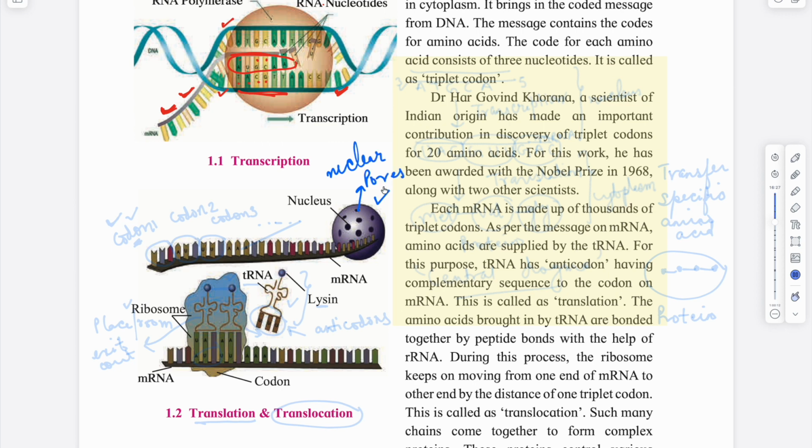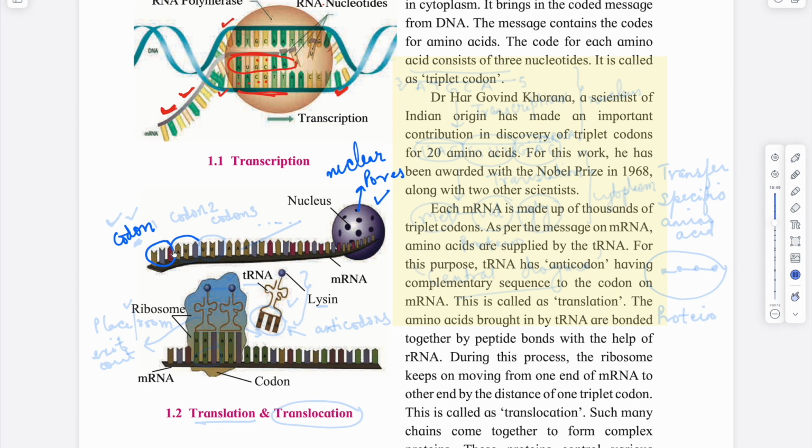Now once mRNA is formed, you know your mRNA has a certain set of nucleotides, right? So these are the nucleotides. Three nucleotides together, triplets of bases, are known as a codon. So this is codon 1.